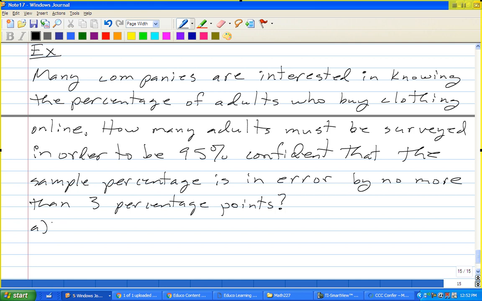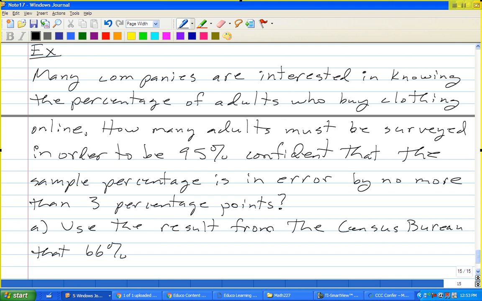A. Use the result from the Census Bureau that 66% of adults buy clothing online.